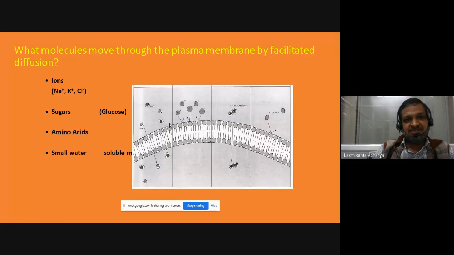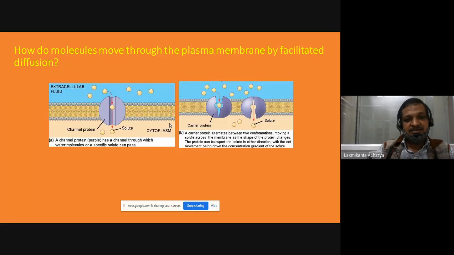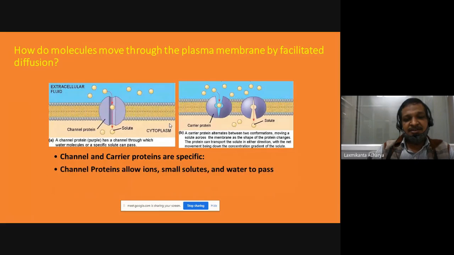These things can move at a higher rate, and whenever there is an absence of carrier protein or channel protein, still through the intermolecular spaces, small molecules or a little amount of water can pass through.